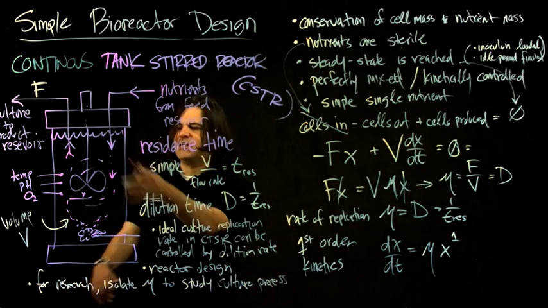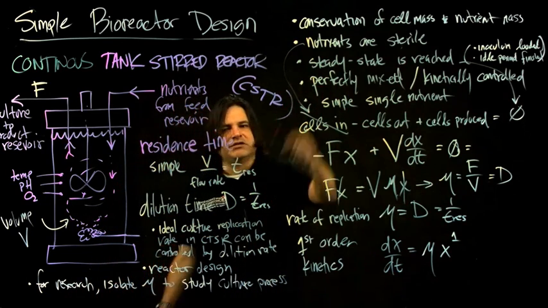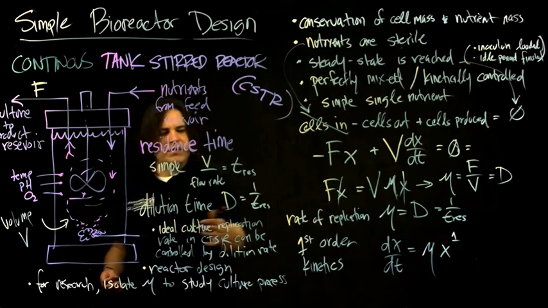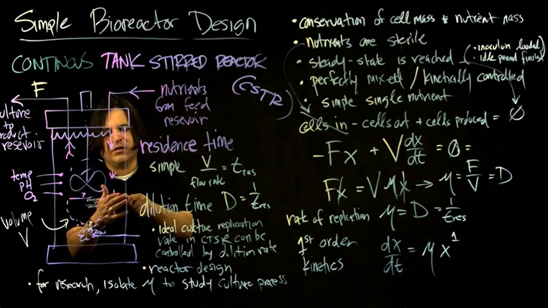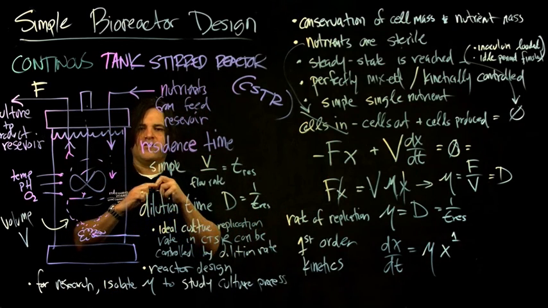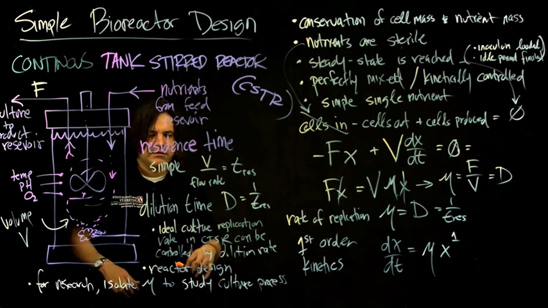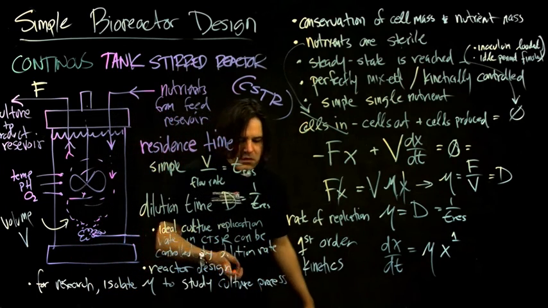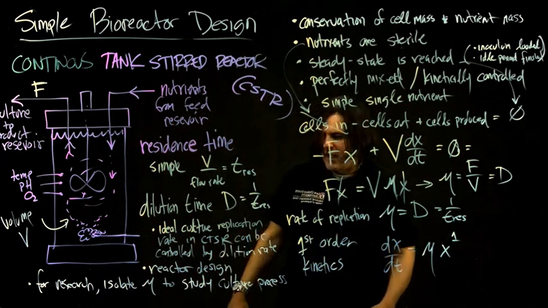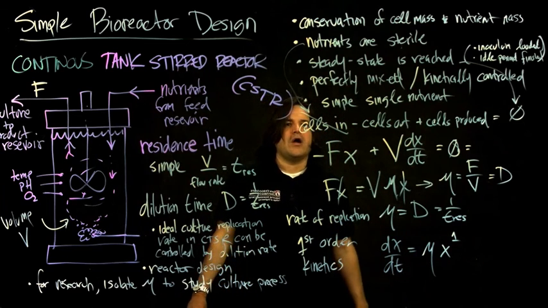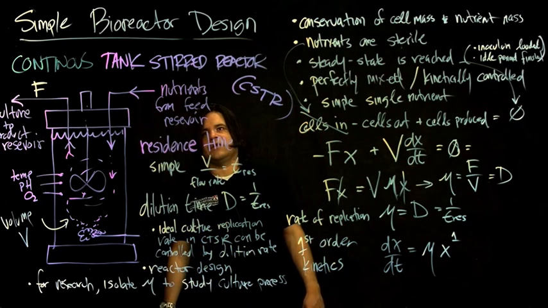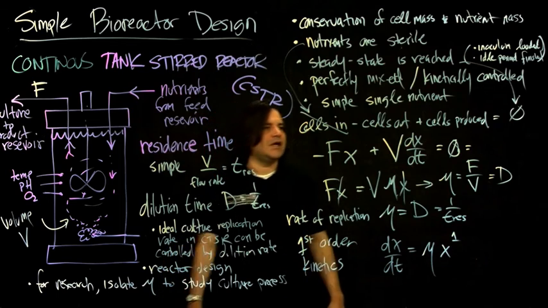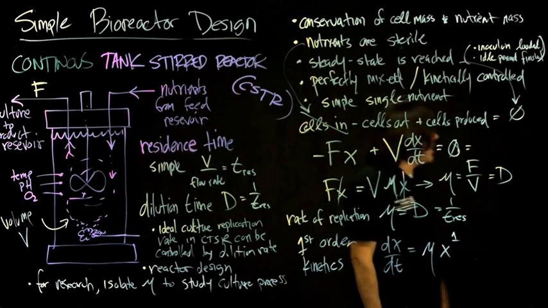So you can change the temperature, the pH, the nutrients, and if you make this relationship easier, you can more effectively pin down what's happening. Okay, so that is a very simple analysis, but very powerful, and definitely the way to start this type of design when you're trying to design these bioreactors.